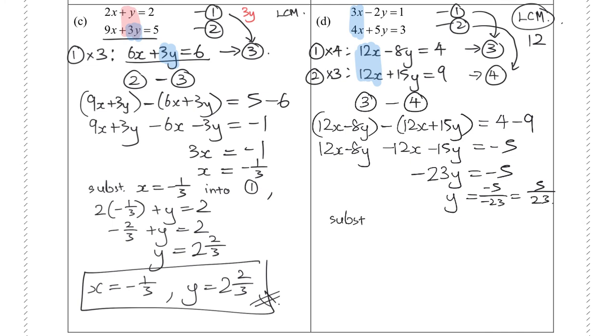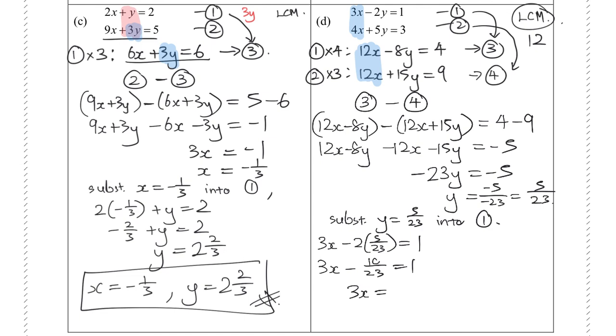Let's substitute it back into 1 or 2, up to us. Let's put it into 1. I will get 3x minus 2 times of 5 over 23 equals to 1. 3x minus 10 over 23 equals to 1. 3x becomes 1 and 10 over 23, and x is finally, what a weird number, or fraction should I say, that number divided by 3 to get 11 over 23.